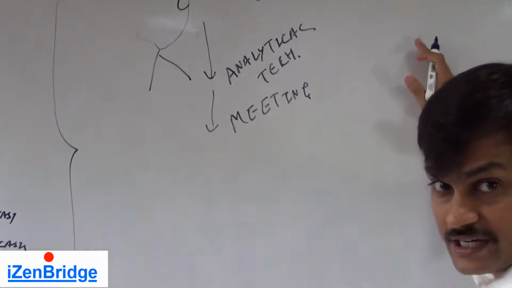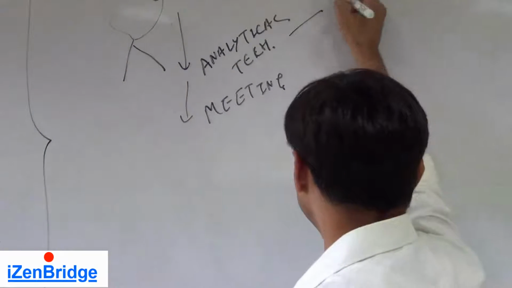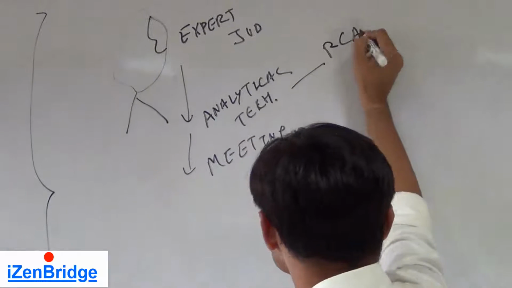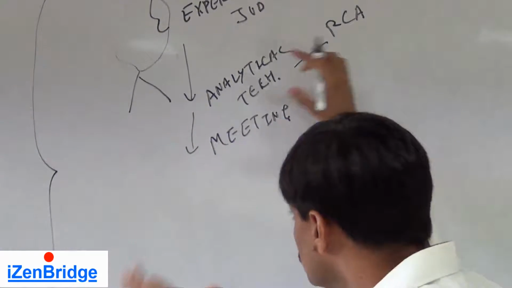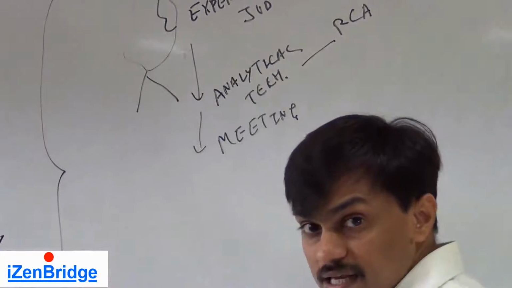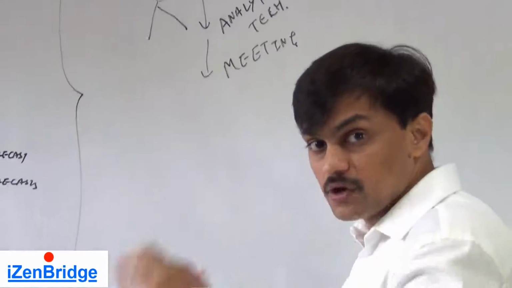So what could be the analytical techniques? There could be various analytical techniques, for example, root cause analysis. If they find that there is a big variance in cost, they will do a root cause analysis and see what the basic root cause of such a big cost variance is.